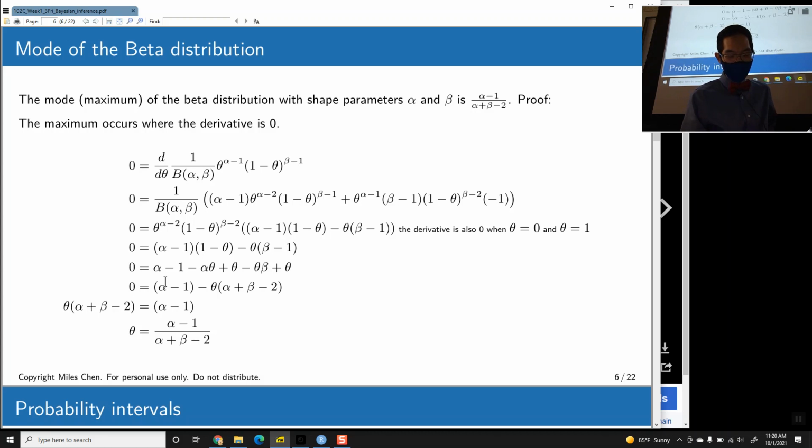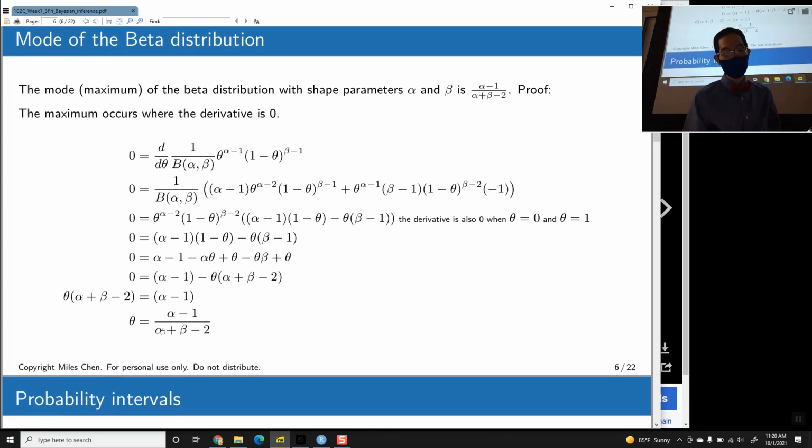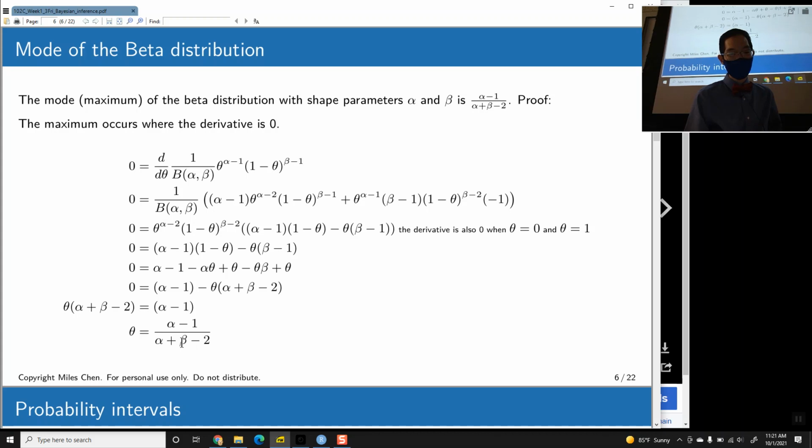Then we factor a theta out of all of these terms, rearrange stuff, and eventually we get alpha minus 1 divided by alpha plus beta minus 2. And that is where the mode is, that's where the peak is.